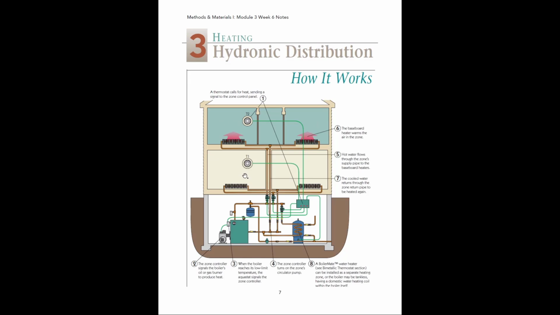And then just like the air system, it's very similar in its control scheme, where we have thermometers that are tied to a control panel, which is telling the boiler unit or the water heater the temperature that the room should be so that it can heat the water to the appropriate temperature and then distribute it to the room where the air is then heated. Okay.